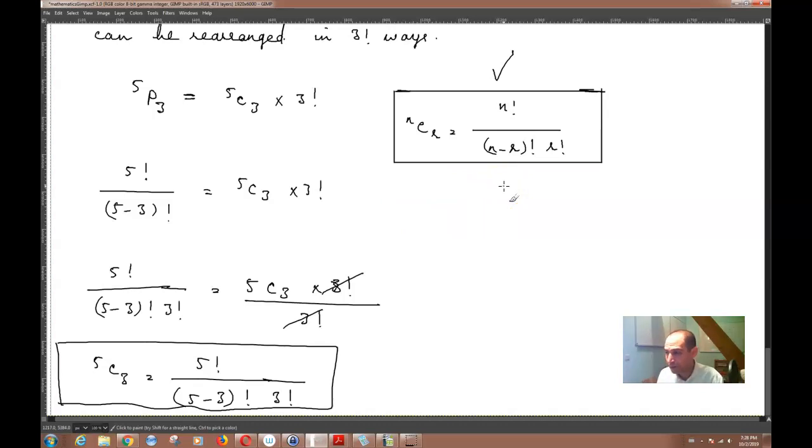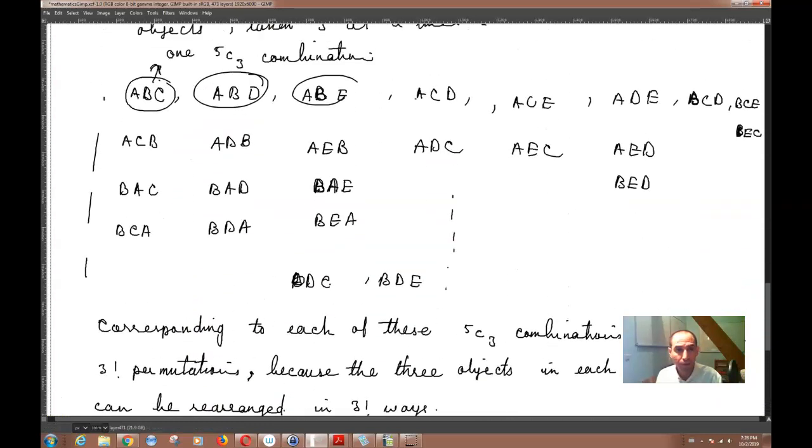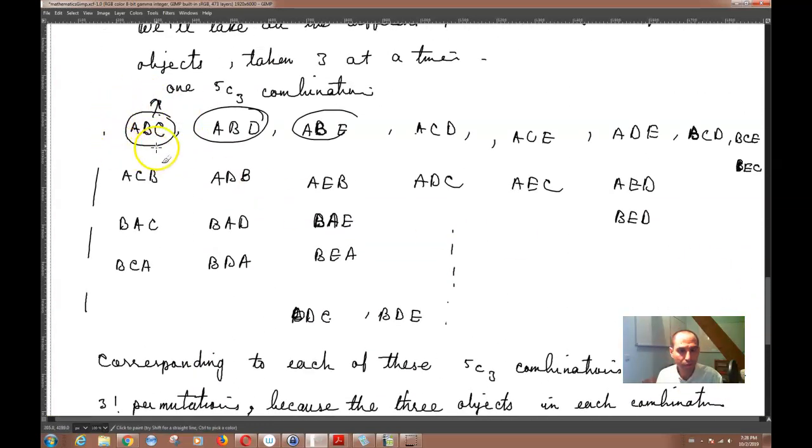Now, what that means is that these examples suggest that the relationship between permutation and combination is that n permutation r is the same thing as n combination r times r factorial. You can say that because over here, for example, each of these is a permutation. You can see that the number of permutations is too many, and the number of combinations is just one.